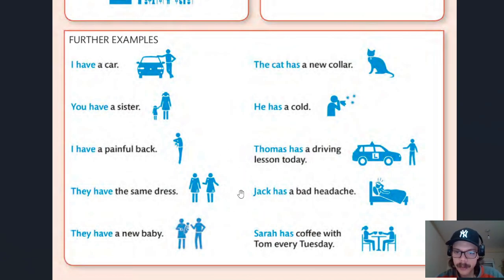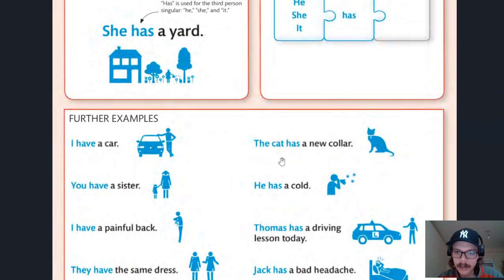And you can see that reflected in the examples. Thomas could be he has. Jack as well could be he has. Sarah, you could say she has. And then for the cat, you can basically use any of the three. You can say he has a new collar, she has a new collar, it has a new collar. They all apply the same rule.